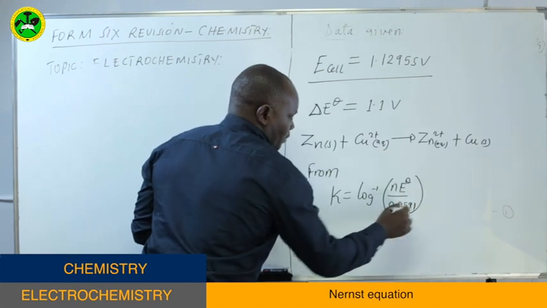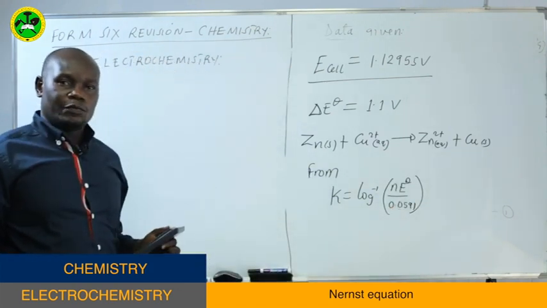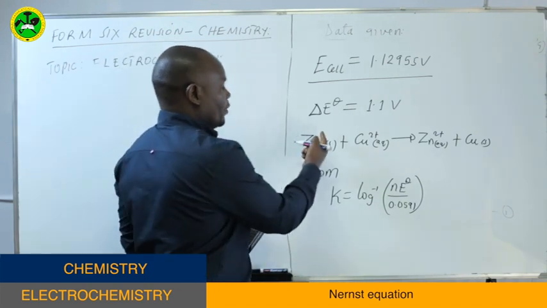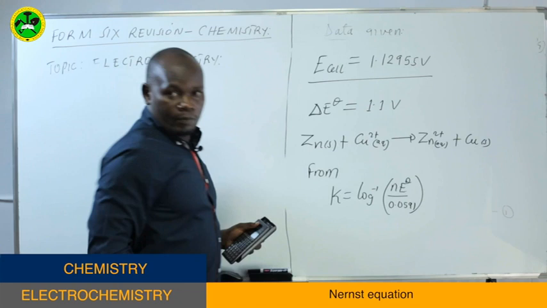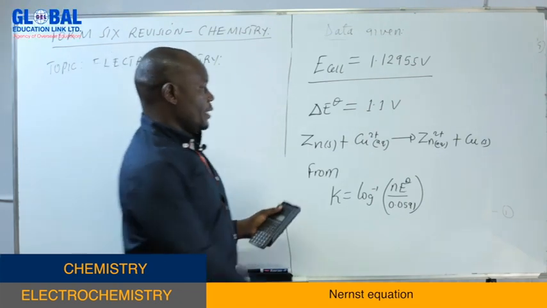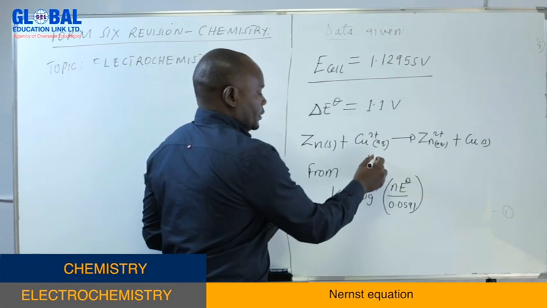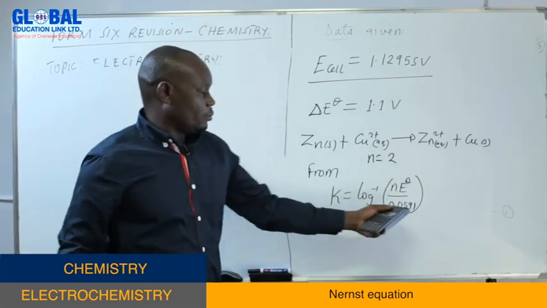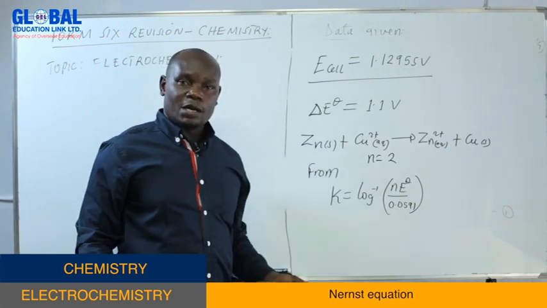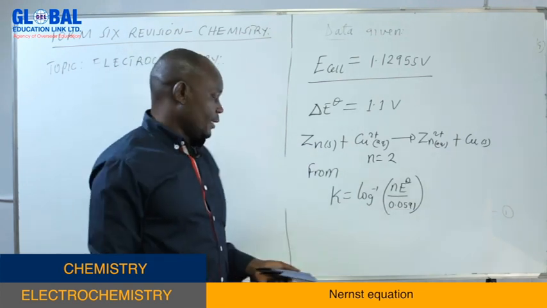This is our equation for determination of the equilibrium constant. Now the data given here, we have the EMF of the cell or standard electrode potential of the cell, and n from that equation is 2. So we have all the values that can be substituted into our equation and get the answer.